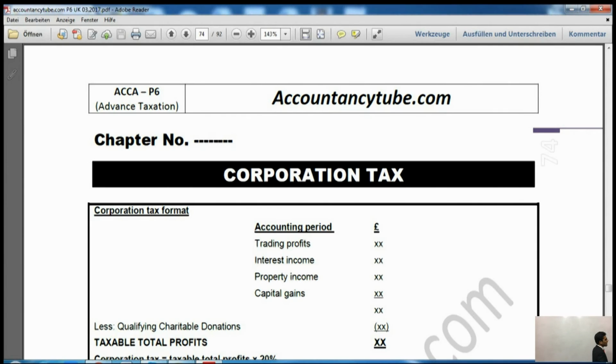Now trading profit, as I said, will be exactly the same. However, there won't be any basis period, so we'll take the accounting period profit and calculate tax on the accounting profit. We won't be worrying about making the basis period.